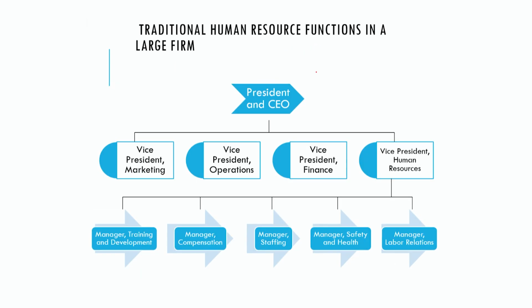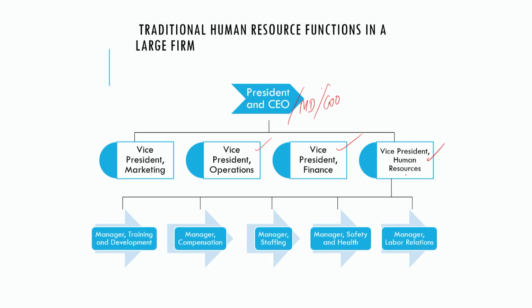area of industrial relations. Similarly, traditional human resource functions in a large firm include the President, CEO, or it can be Managing Director or COO, whatever is the nomenclature for the organization. They have direct reporting from various functional specialists like Vice President Marketing, Operations, Finance and Human Resources.